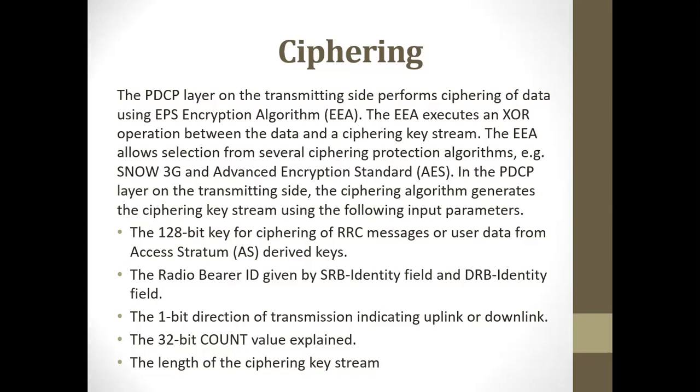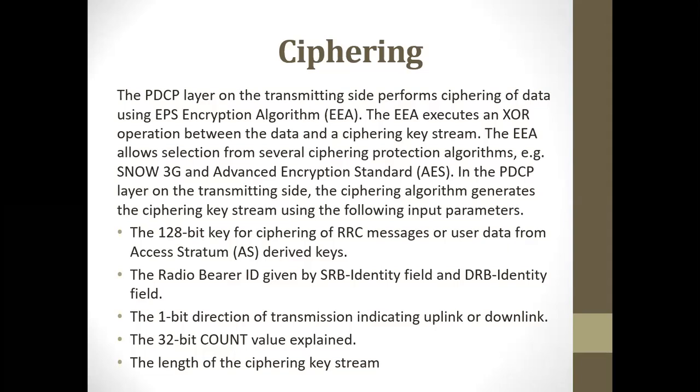So different types of messages have different key streams. And also there is 1 bit: you use 0 and 1 for uplink and downlink. And the last point is the length of the cipher key stream. You are generating a key stream using all these things, which are like keys, and that stream will be used as the input to jumble your data.